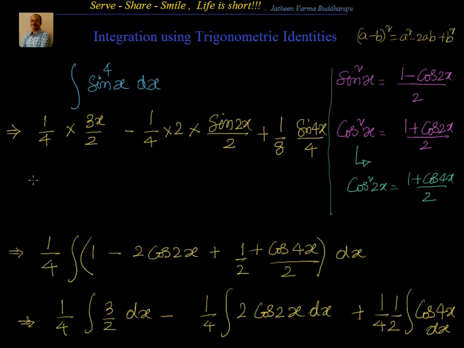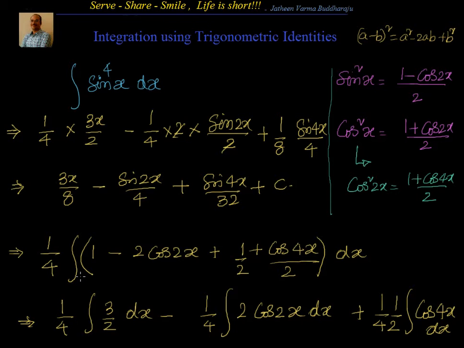We know that already, so we don't need to discuss that. So 3x by 8, minus, the 2s will cancel, I will have sin 2x by 4, plus sin 4x by 32, plus c. So that should be my answer for the integral of sin to the power of 4x.